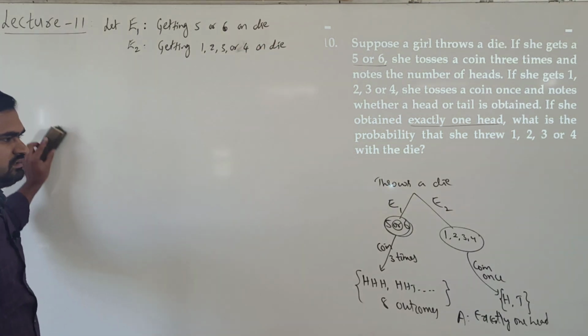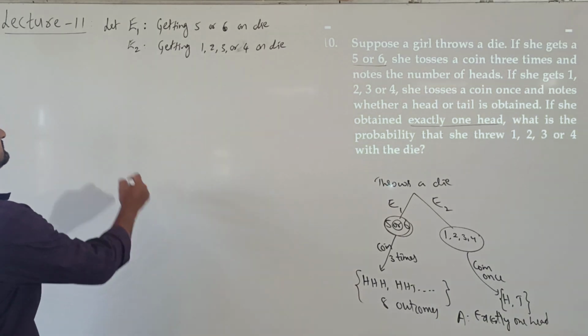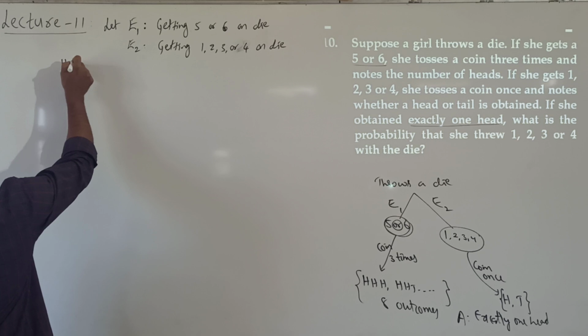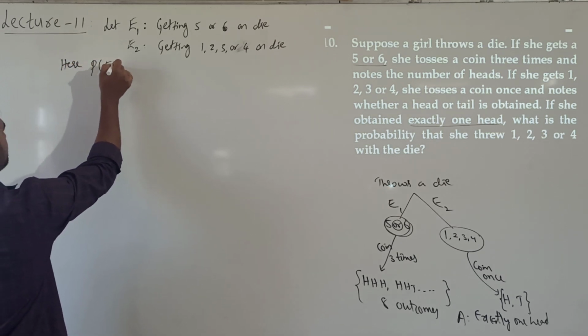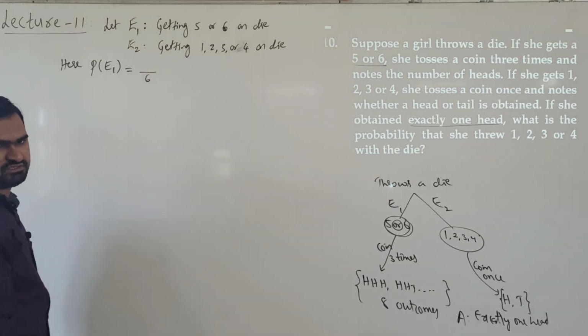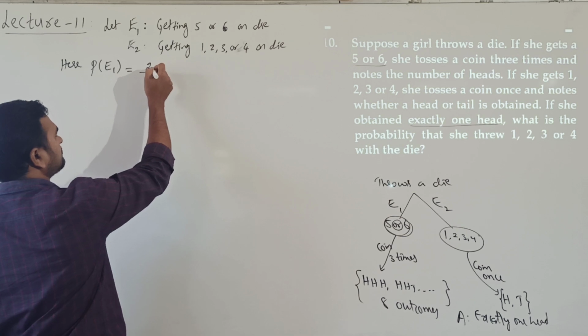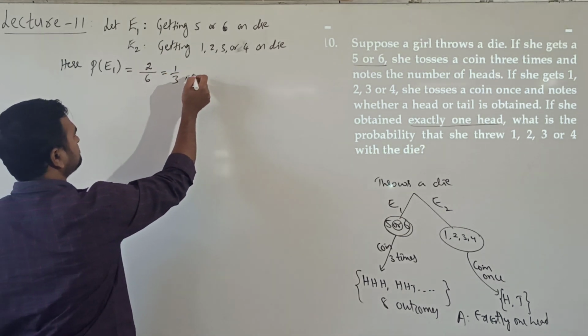So these are the two events we are taking, and we can write the probability of these events. What is the probability of E1? Getting 5 or 6: total there are 6 possibilities, and 2 cases are in favor, which is 1 by 3.